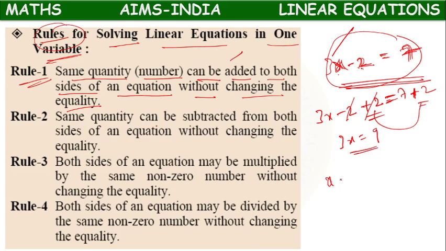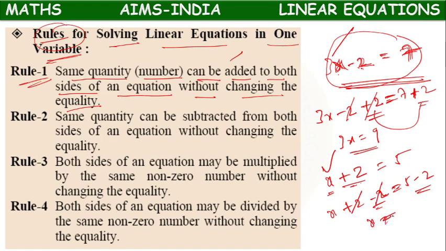Or if I have x plus 2 equals to 5, we want to find x value. Plus 2 we want to remove. What we can do? Opposite to that, minus 2, minus 2. Means same number we have subtracted. Then 2 cancel. x equal to 5 minus 2, 3 we are getting.